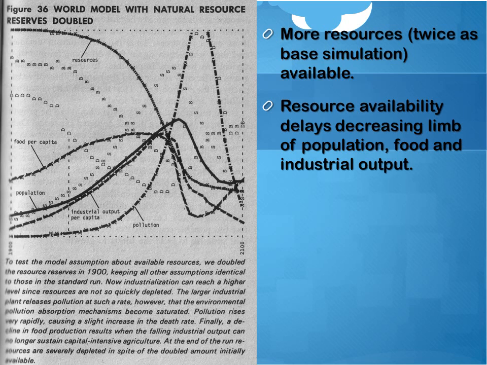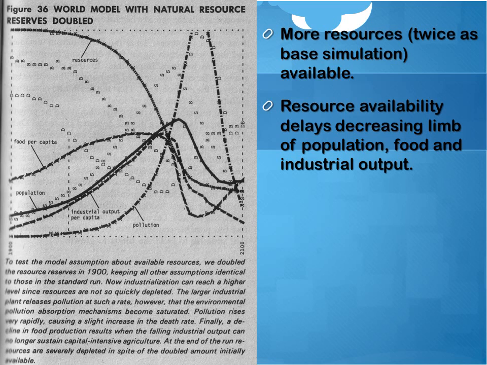And essentially, what happens is that the resource availability delays the decreasing limb of population. Even if you have twice as many resources, which is what the model simulated, you end up in a situation where resources are going to be depleted.